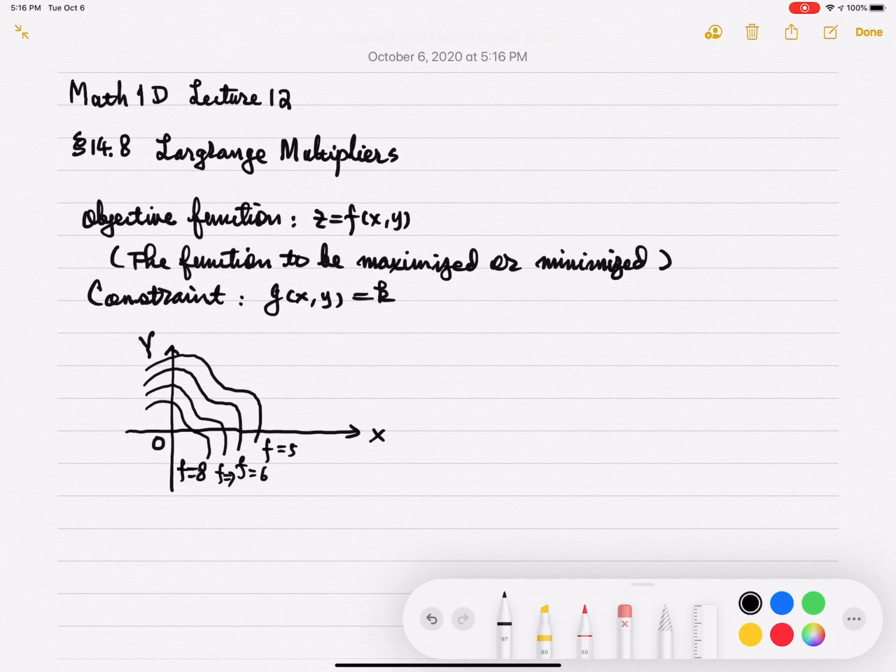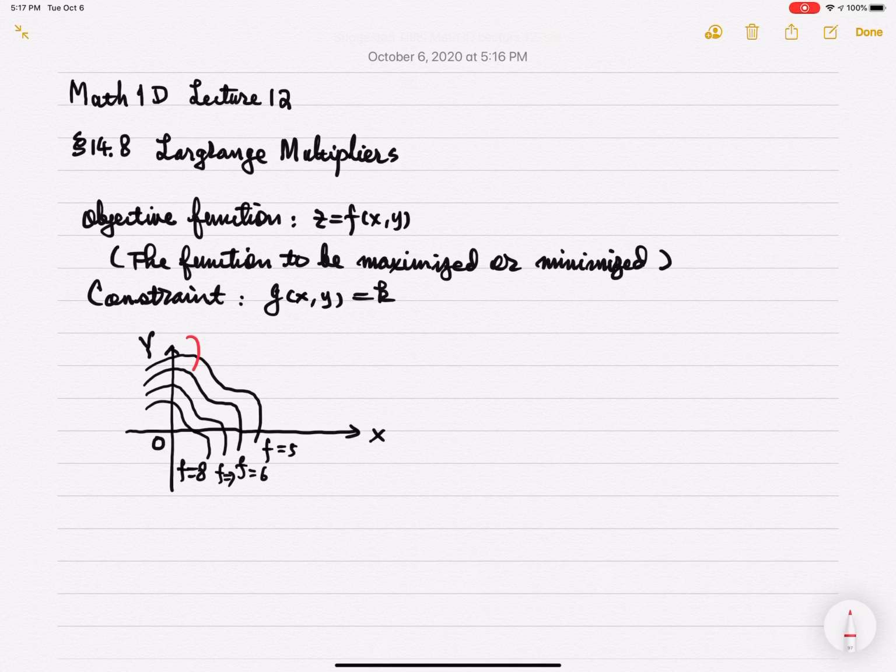Now, we have another curve on the xy plane. For example, suppose the curve looks like this, and this curve is g(x, y) equals k.